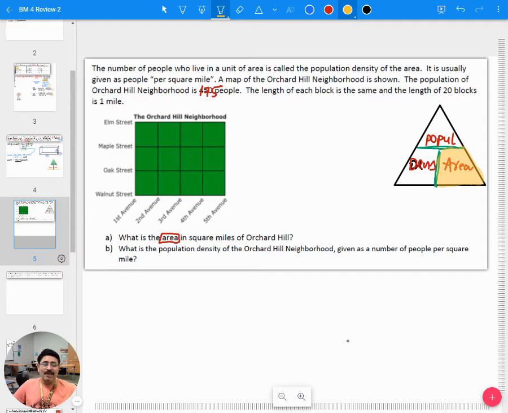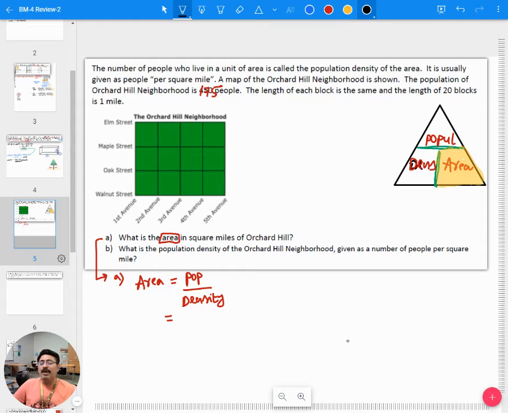It's really clear to me that the formula for computing area, let me do part A here, equals population over density. So what is the population?